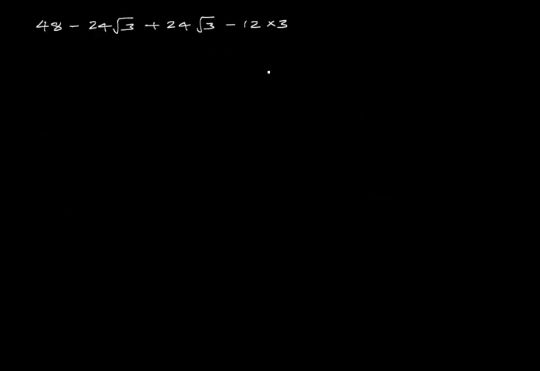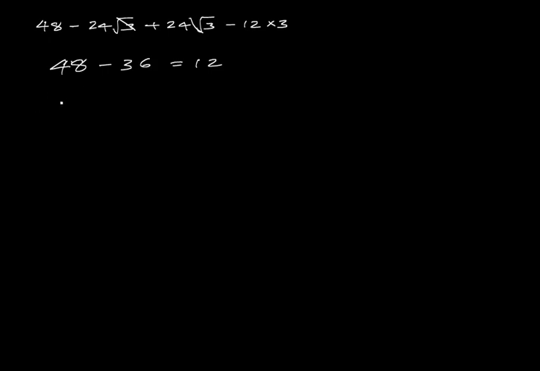So from here, we can cancel the similar terms. Here there is a minus 24 root 3 and a plus 24 root 3. We can cancel both of these and we get 48 minus 36. That's equal to 12.